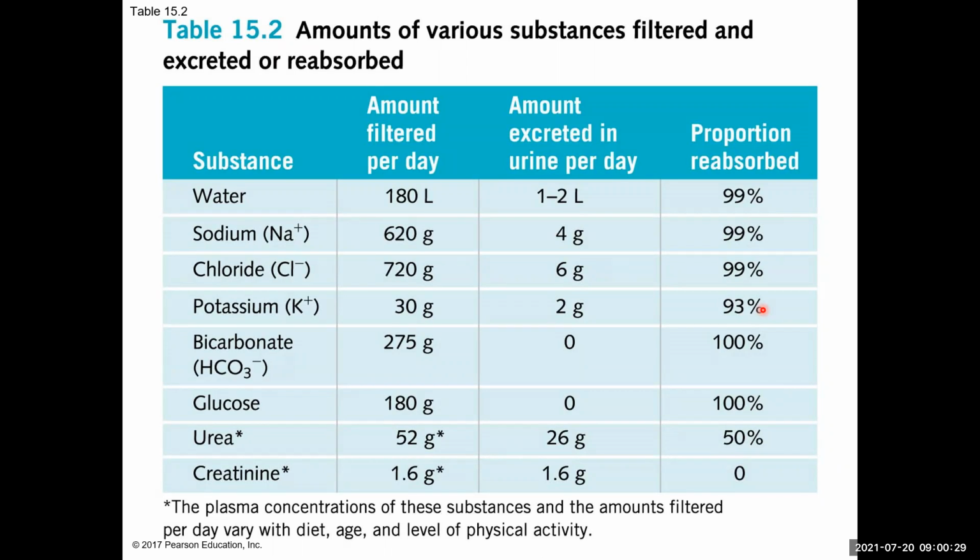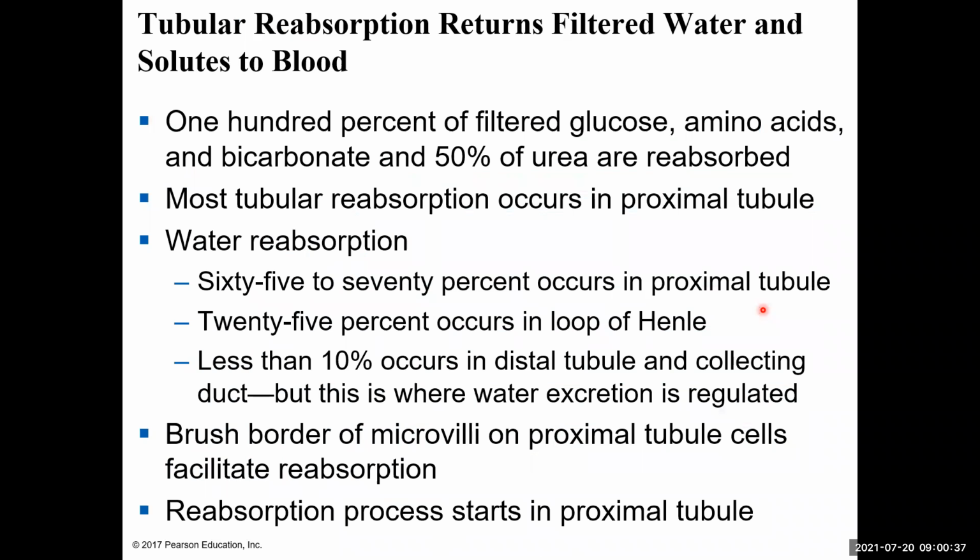And the kidneys are really effective in regulating how much is excreted and how much is reabsorbed so that we maintain that homeostasis state. Now, tubular reabsorption happens after the glomerular filtration, and that returns the filtered water and solutes back to the blood. 100% of glucose, amino acids, and bicarbonates are returned, and 50% of the urea is returned to the bloodstream.